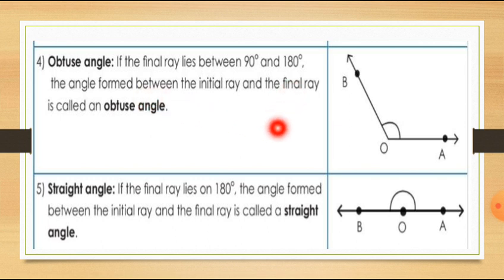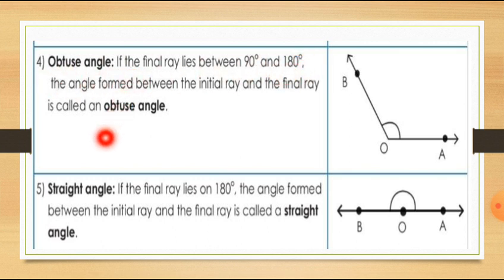For example, 100 degree is an obtuse angle, 165 is an obtuse angle, 175 is an obtuse angle, but 180 is not an obtuse angle. Between 90 and 180 degree, all the measurements are obtuse angles.